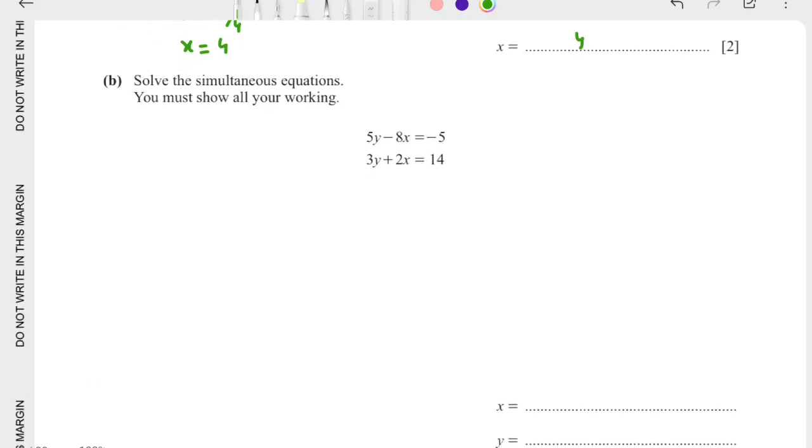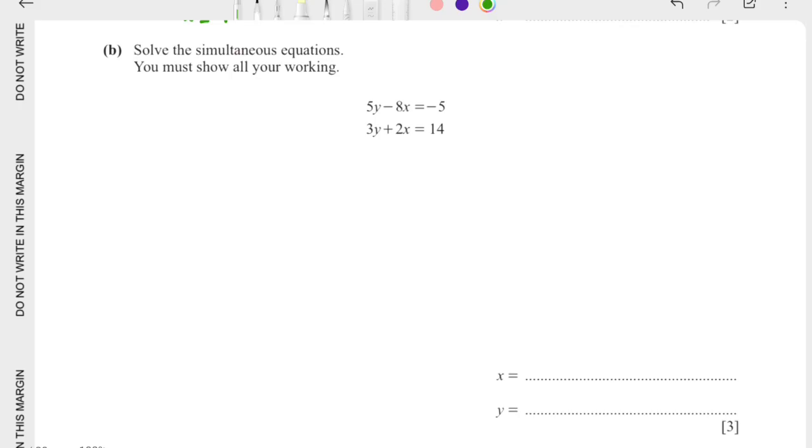Next question. Solve the simultaneous equations. You must show all working. So this is a very simple question again. We'll multiply equation number 2 by 4. In this way your x coefficients would be the same.